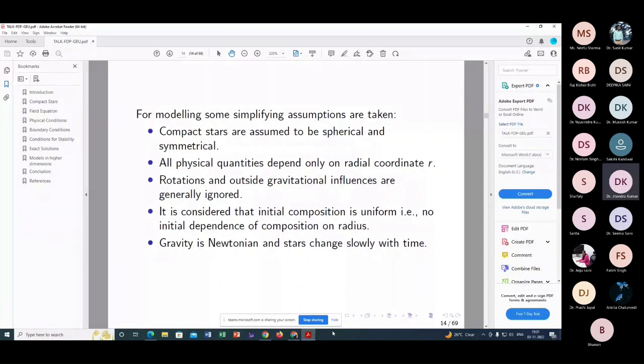Rotations and outside gravitational influences are generally ignored, because we do not discuss the effect of these rotations and outside gravitational influences on these models. And it is considered that the initial composition is uniform, that is, no initial dependence of composition on radius, and gravity is Newtonian, and stars change slowly with time.